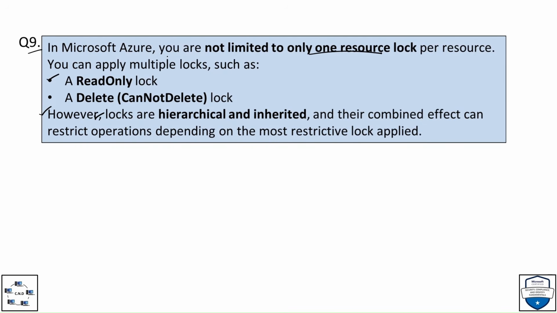So in Microsoft Azure, you are not limited to only one resource lock per resource. You can apply multiple locks such as a read-only lock and a cannot delete lock. However, locks are hierarchical and inherited, and their combined effect can restrict operations depending on the most restrictive lock applied.